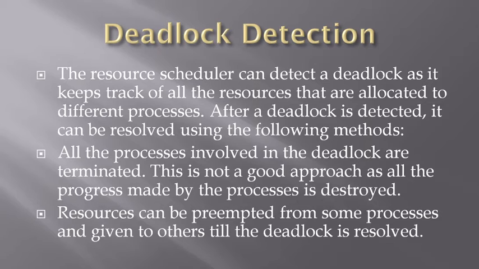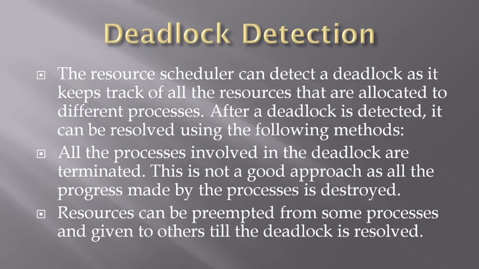Once the deadlock is detected, we have to find where it happened. There are two approaches: one is to preempt, and otherwise we have to terminate. The first approach is that all the processes involved in the deadlock are terminated.